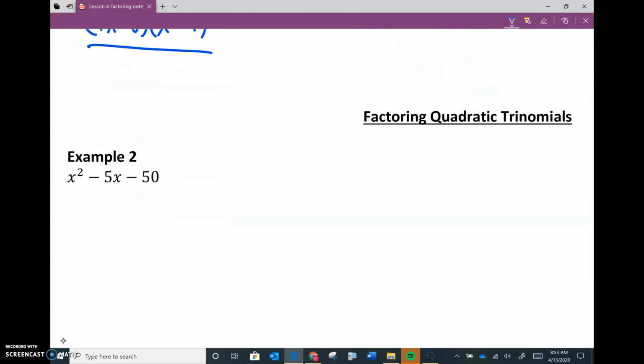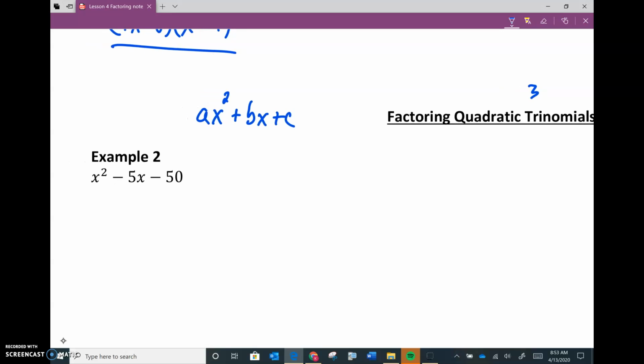Okay, factoring trinomials is the rest of the examples. Remember, tri is 3 terms, and all of these are based upon standard form, ax squared plus bx plus c. So when we factored these, the first thing we always did is we took a times c.